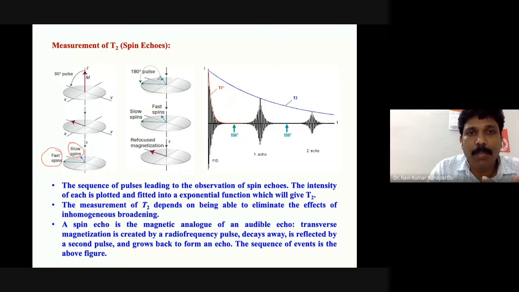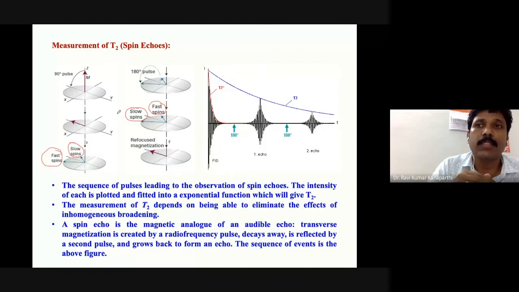Now after applying the 180-degree pulse, faster spins are here and slower spins are here. Just for illustration, I have taken only two, but it doesn't mean that we only have two. We have a distribution of spins, ranging from fast to slow.